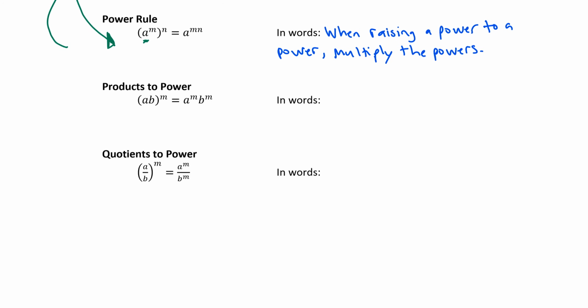Next, we're going to look at how to simplify a product and a quotient raised to a power. If I have a product, a times b raised to a power, then ultimately I can distribute the exponent to each factor in the product. A to the nth times b to the nth.